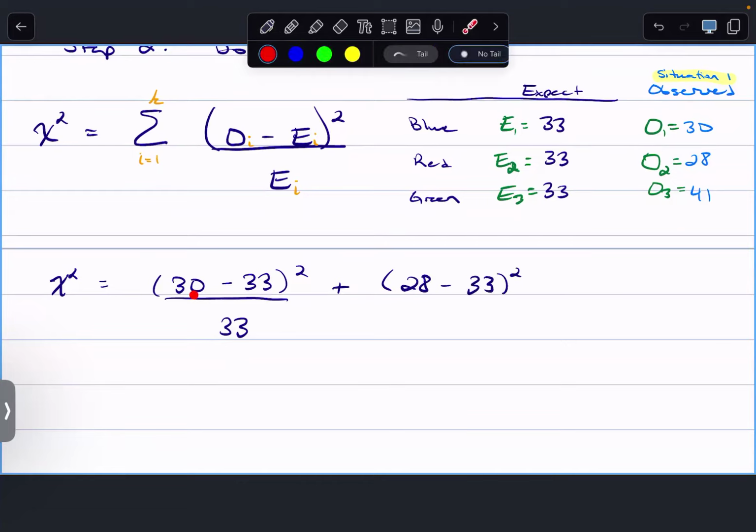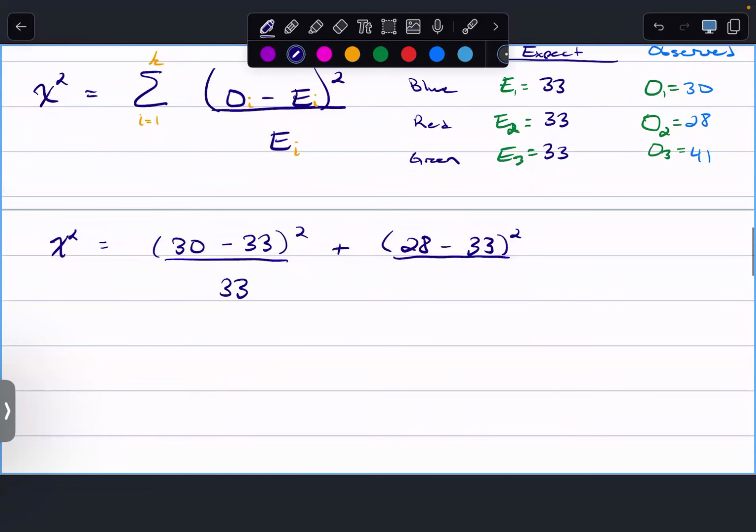Notice that we're just seeing how far is the observed from the expected. And because I'm adding them, I have to make them positive somehow. And I want to amplify large differences. So that's where the square comes in. And then the expected is taking the place of the standard error. It's not the standard error, but it's taking its place.